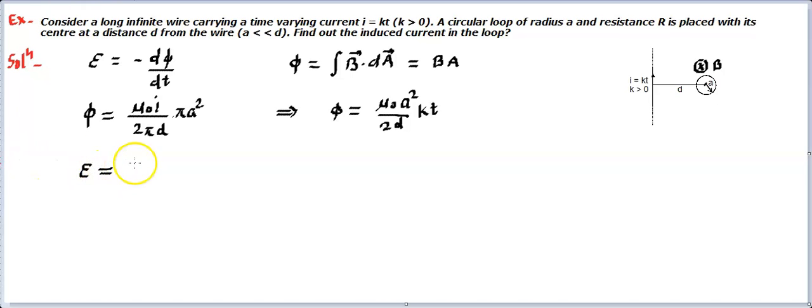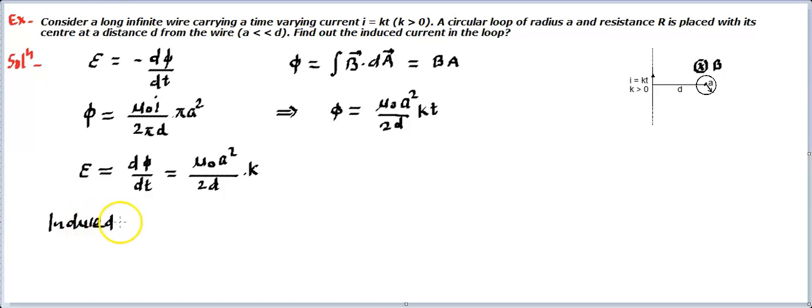When we are trying to find the magnitude, we write only positive terms, so d phi by dt for magnitude purposes. This becomes mu naught a squared divided by 2d, into the differentiation of this: K is a constant which remains, and t becomes 1. So this becomes the induced EMF. So what is the induced current?